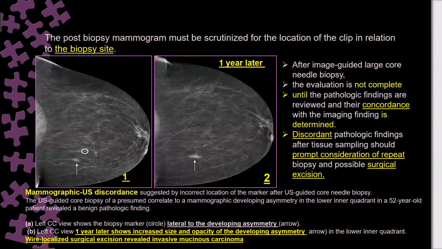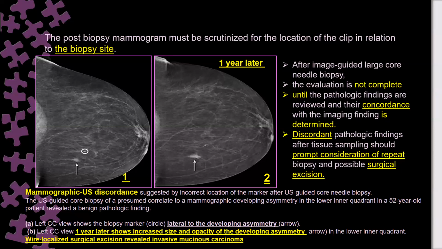So the post-biopsy mammogram must be scrutinized for the location of the clip in relation to the biopsy site. We have to make sure the lesion from where they had taken the biopsy on ultrasound is the same place as on mammography. And we should not consider the image-guided core biopsy completed unless we determine pathology-radiology concordance.